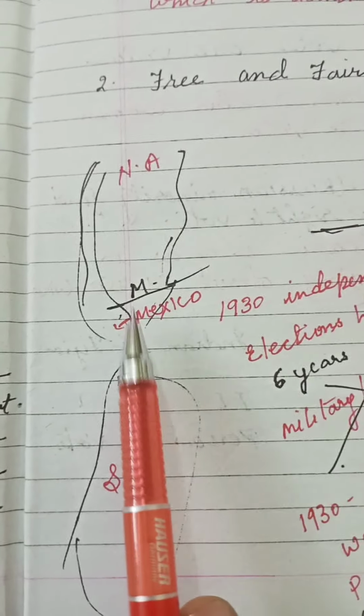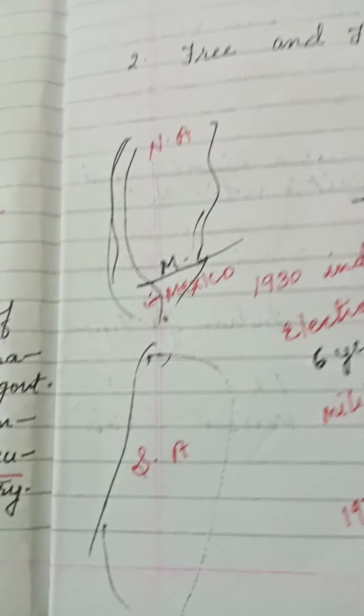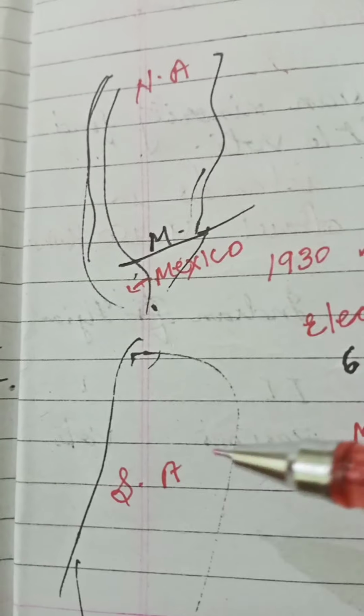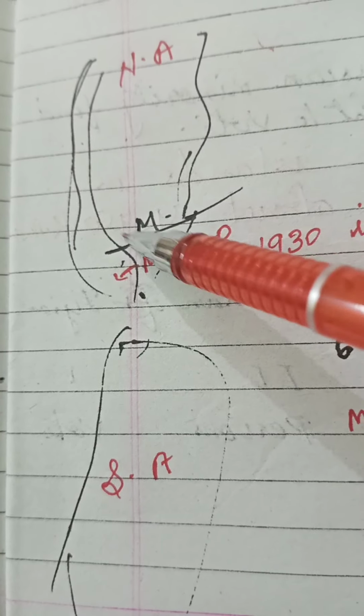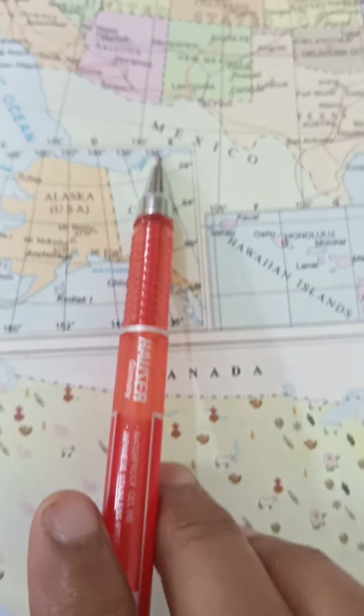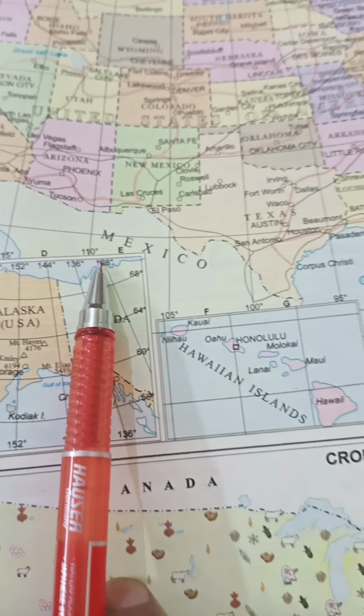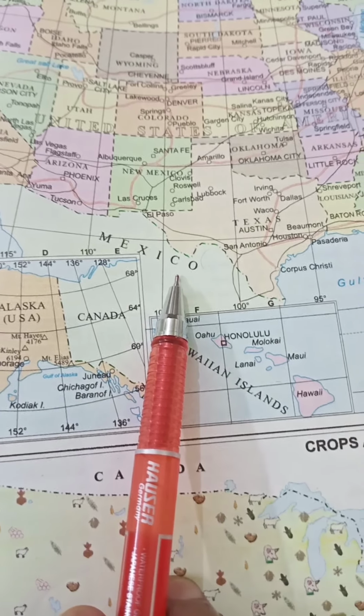Another example we will take is from Mexico. As you can see here, this is North America, South America, and Mexico is here in the southern portion of North America.